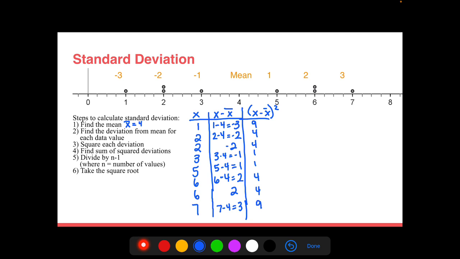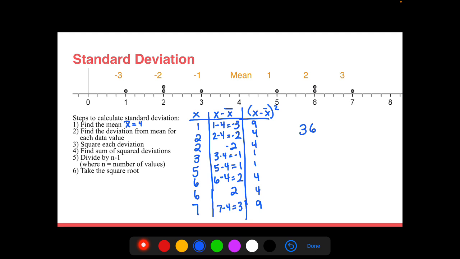Okay, so then our next step, so we did step 2, we did step 3. Find the sum of the squared deviations. So we need to add those up. So go ahead and add those up. And it is 36. And then divide by n minus 1. So n is the number of values.